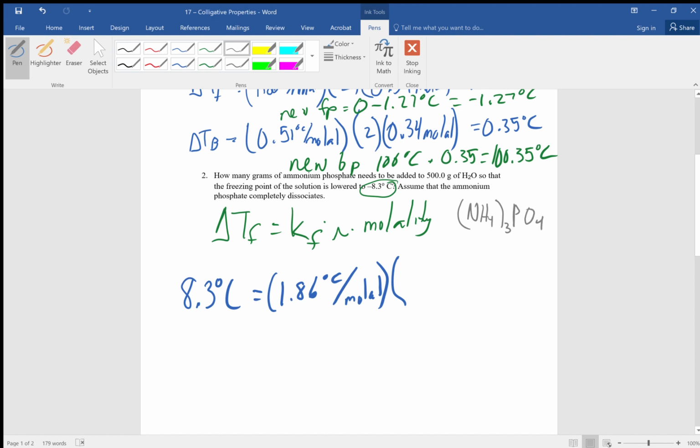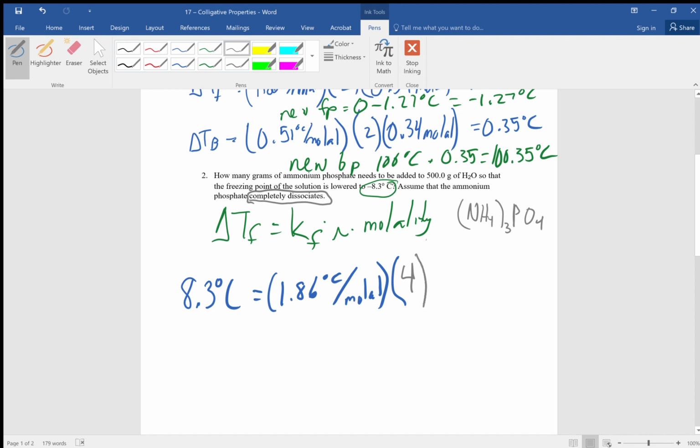That means if ammonium phosphate completely dissociates, which we say that it does here, that we would get 3 ammonium ions and 1 phosphate ion. So therefore our Van Hoff factor here is equal to 4.